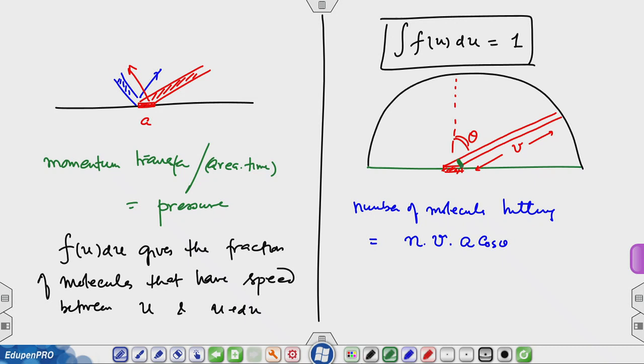This is its speed v, and the fraction of these molecules is then obviously f(v) dv.